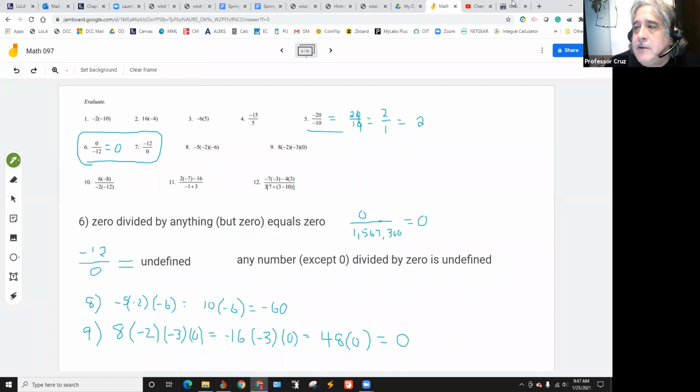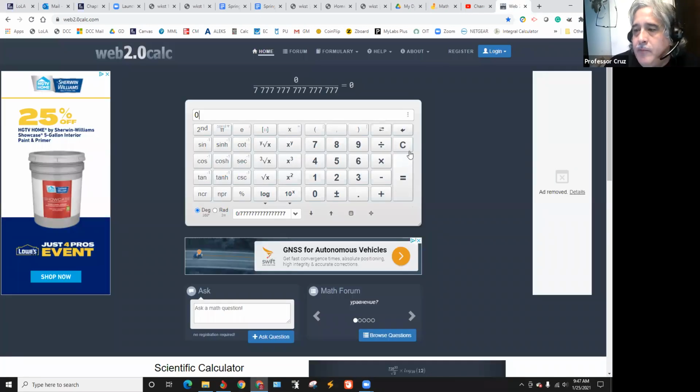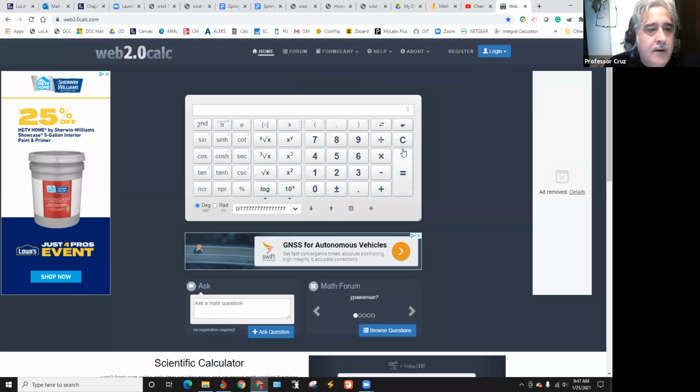All right, let's look at that calculator again. Now, it's got to be something up there. If it's 0 over 0, that means something special. Not anything in this class you'll ever have to worry about. But it does have one of those kind of strange meanings. But let's put 7 there and divide by 0.